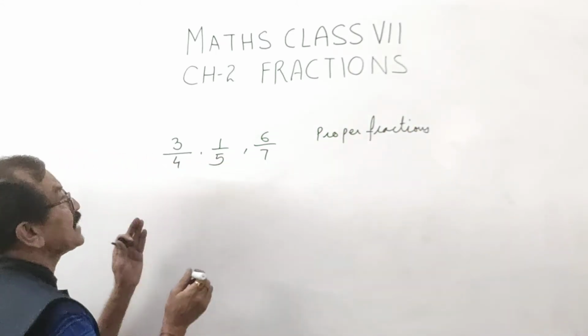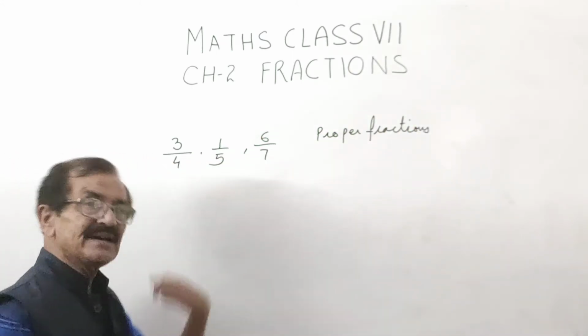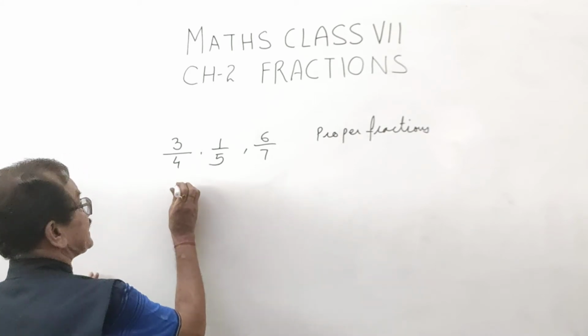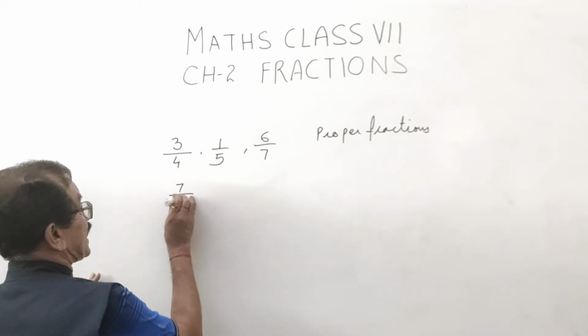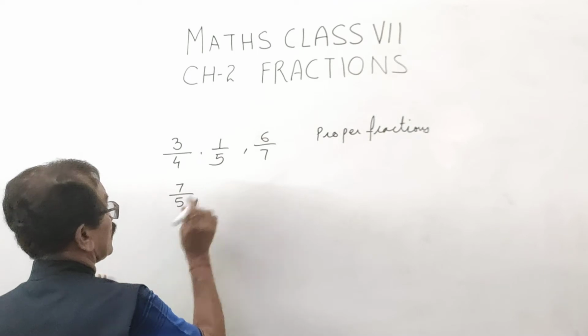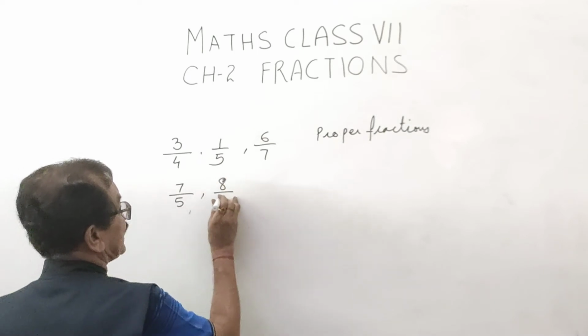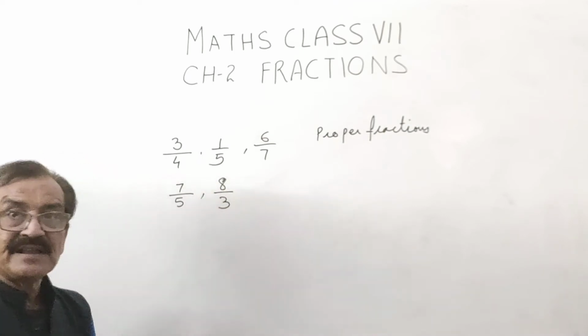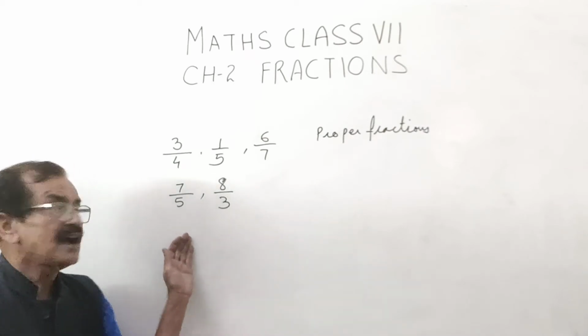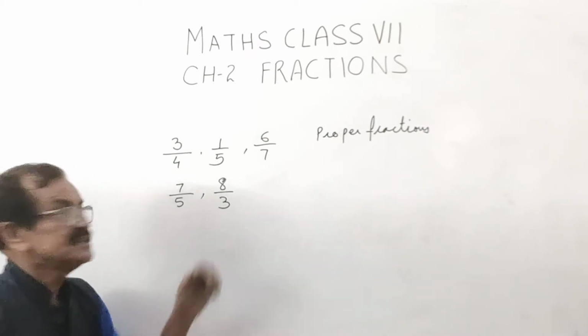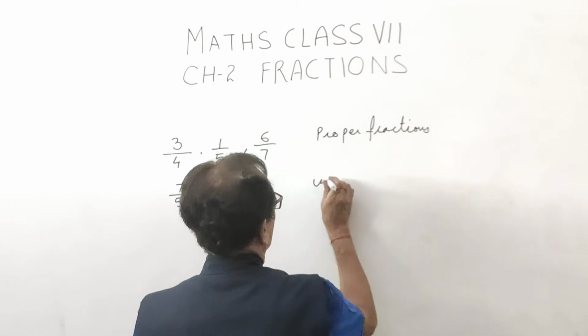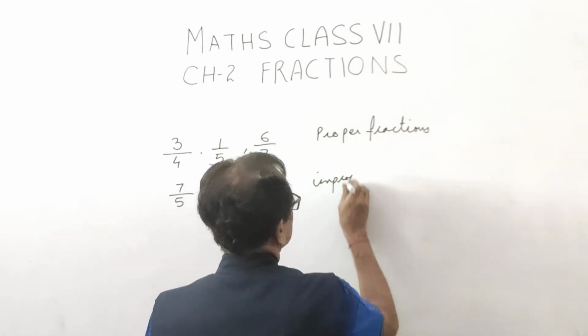However, if I have the numerator bigger than the denominator, say 7/5 or 8/3 and so on, this means that the part is more than 1. Such fractions are called improper fractions.